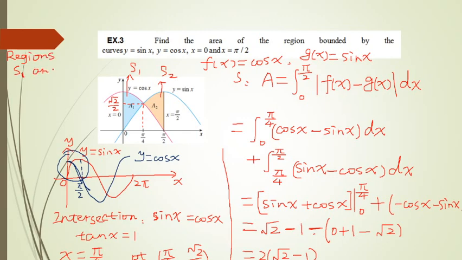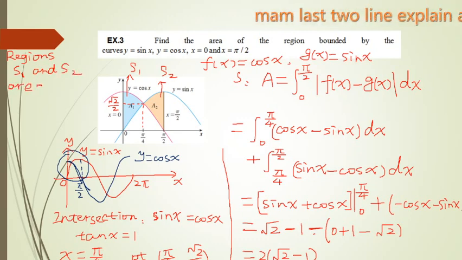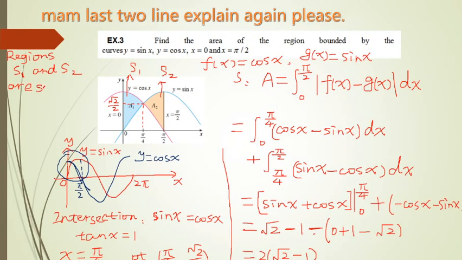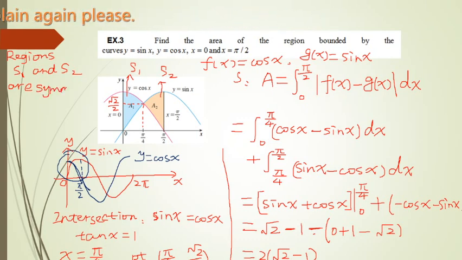Regions S1 and S2 are symmetric. You can just calculate one of them, then multiply by 2. They are symmetric about the vertical line x equals pi over 4.